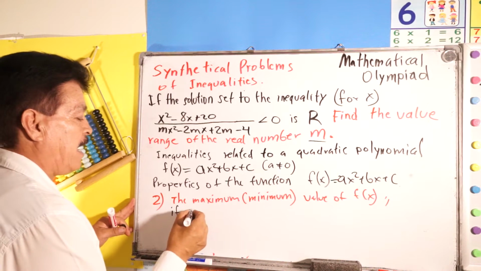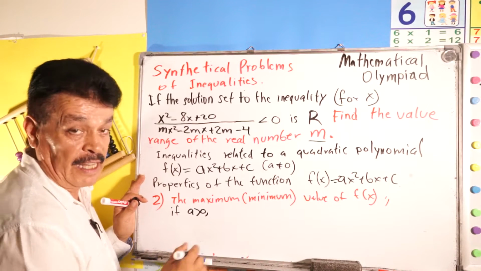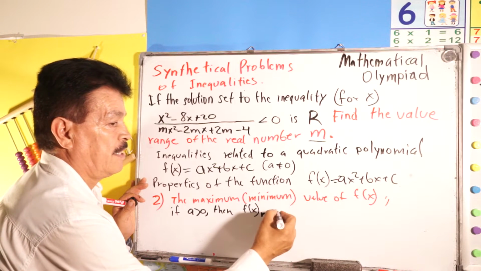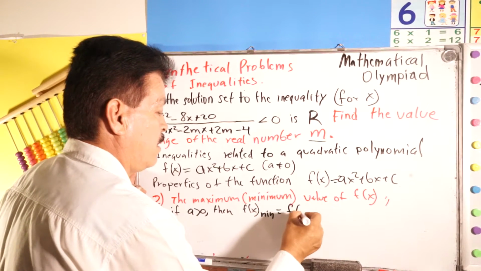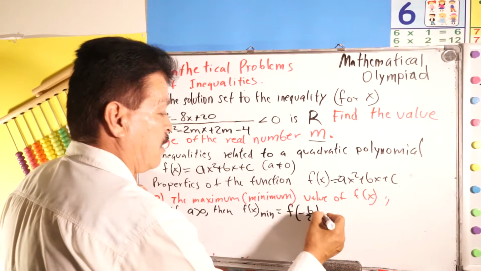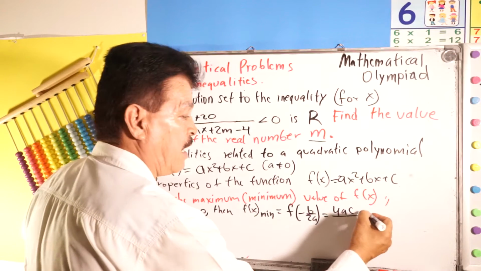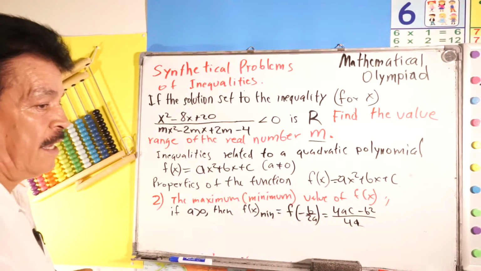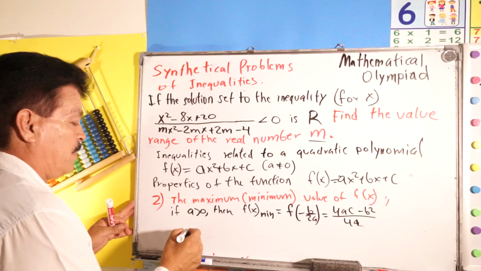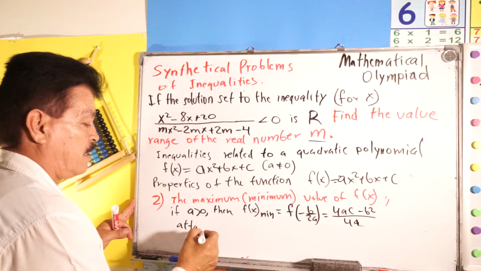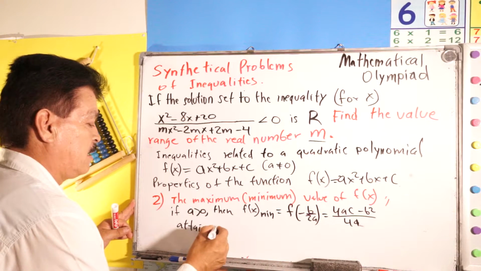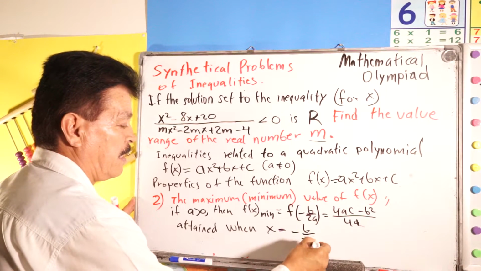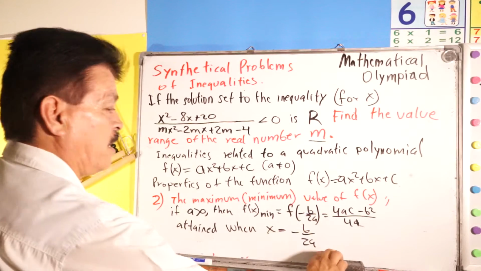If, for instance, a is greater than 0, then the f(x) minimum is f(−b/(2a)) = (4ac − b²)/(4a), attained when x = −b/(2a). Alright? This is another thing.